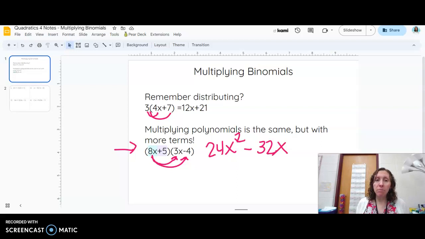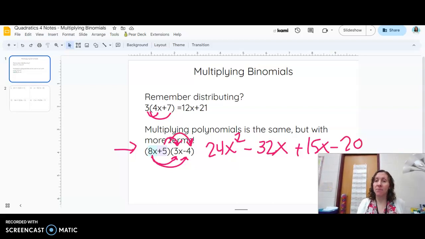Now let's go to that purple number, which is the 5. We also have to multiply that 5 by both of the terms in that second parentheses. So 5 times 3x is 15x, and 5 times negative 4 is negative 20. Then we can combine like terms if it's possible. So we have 24x squared.